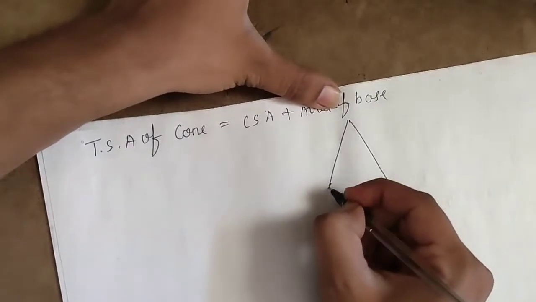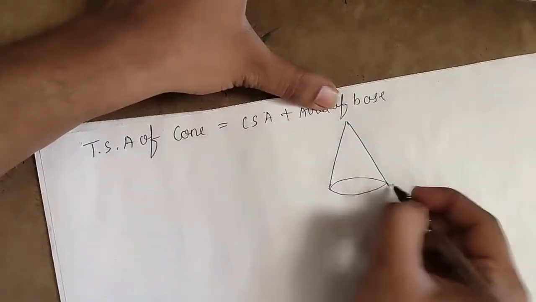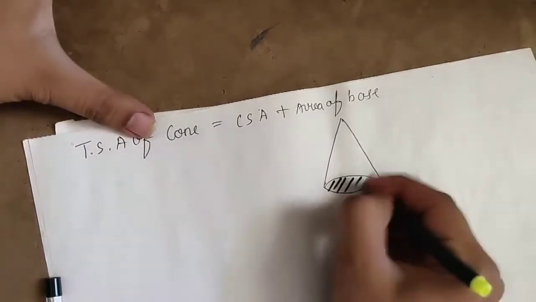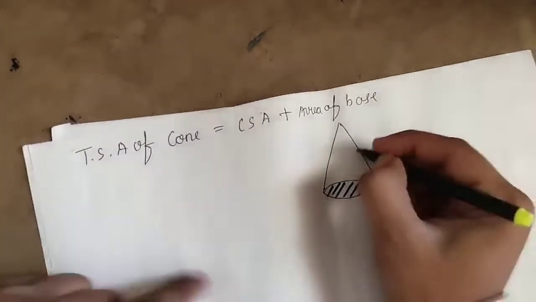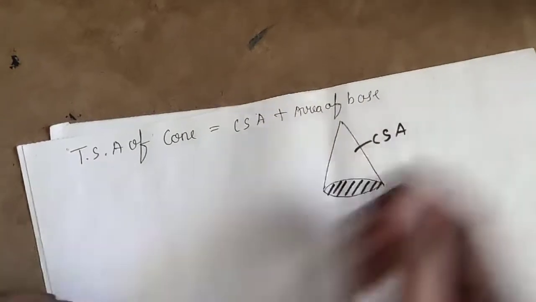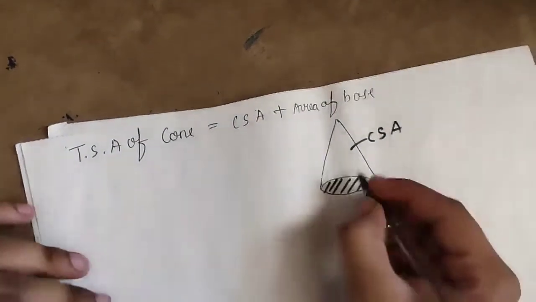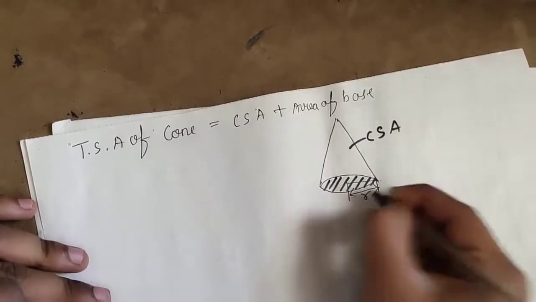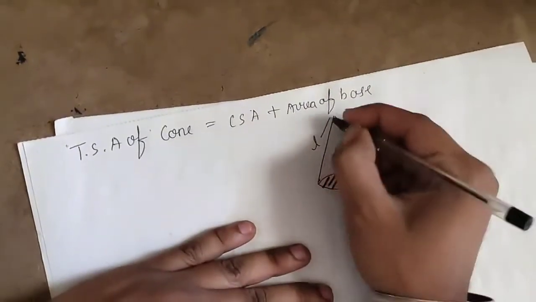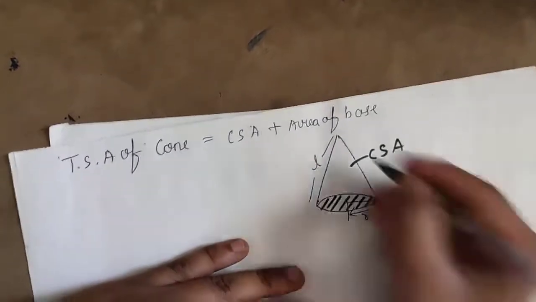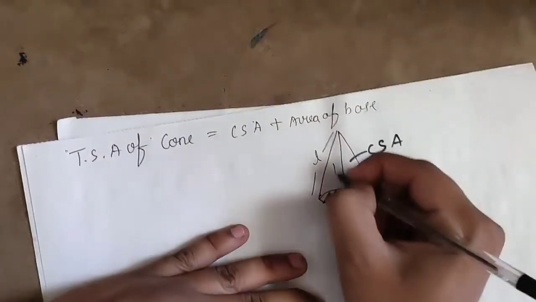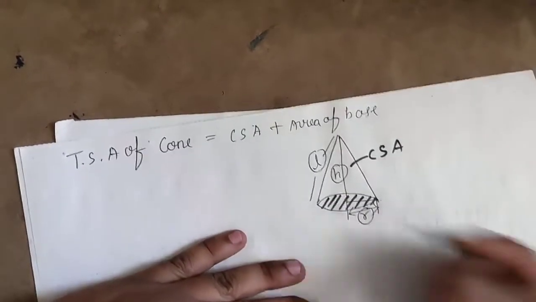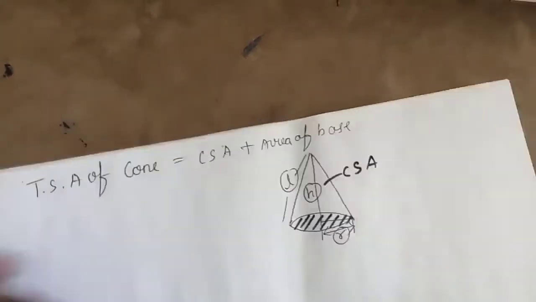This is the conical part. This part is the base. This is curved surface area of cone. This part is radius of the cone. This part is slant height of the cone, and this part is height of the cone, h. L is slant height, h is height of the cone, and r is radius of the cone.